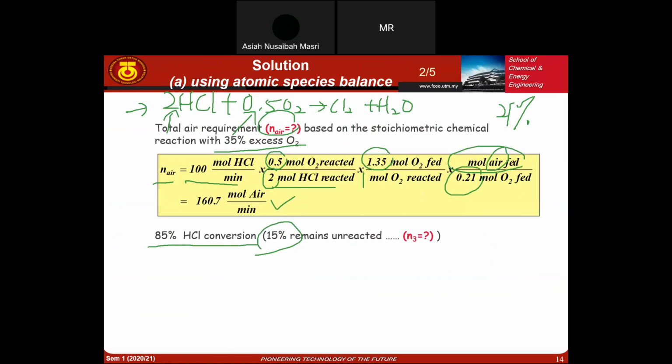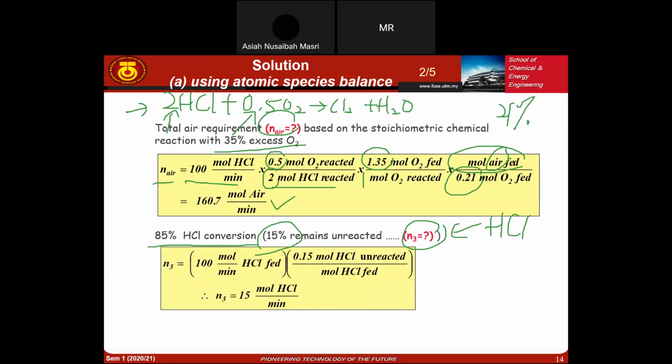So we can solve for N3. So here N3 is representing the excess of HCl. Solving it, N3 is equal to the feed, which is 100 mole per minute HCl feed, times 0.15, 15% unreacted. So 0.15 mole unreacted for every feed. So we solve it, we got 15.